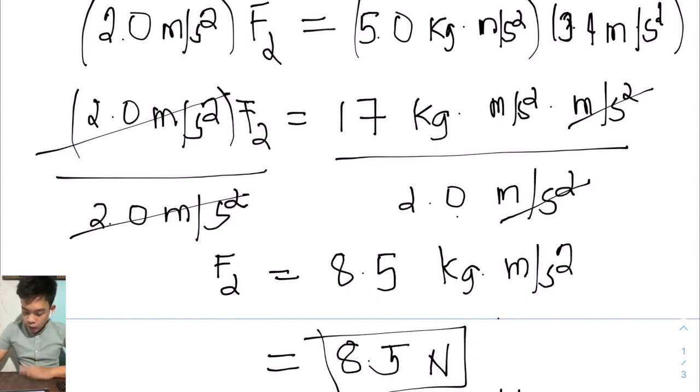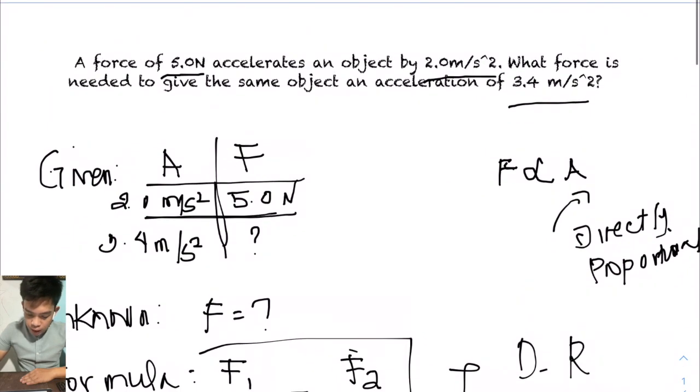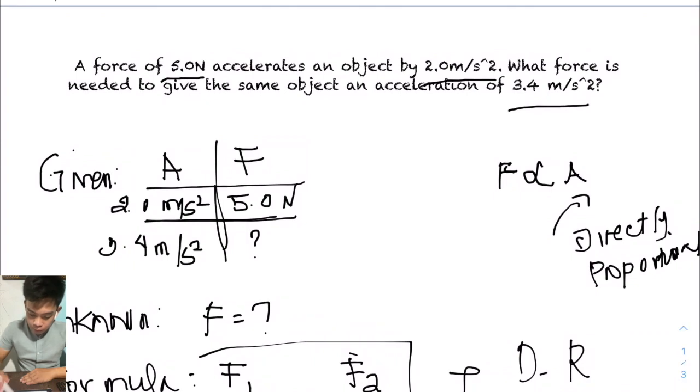Let's plug 8.5 newtons into our row and column. So from 3.4, 2.0, 5.0, it becomes 8.5 newtons.